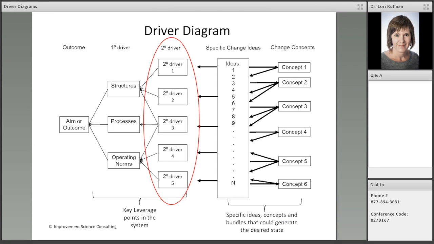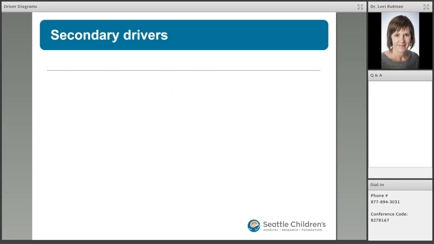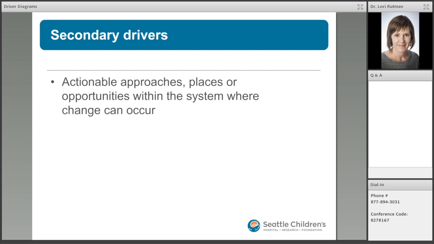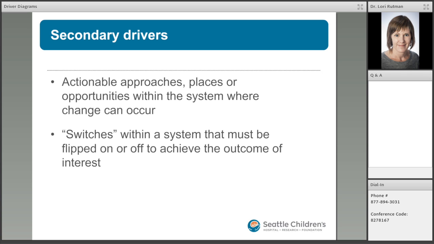We're now going to talk a little bit more about secondary drivers. Secondary drivers are actionable approaches, places or opportunities within a system where change can occur. Another way to think about these are the switches within a system that must be flipped on or off to achieve the outcome of interest. And they're a little bit more refined than the bigger conceptual primary drivers we just talked about.